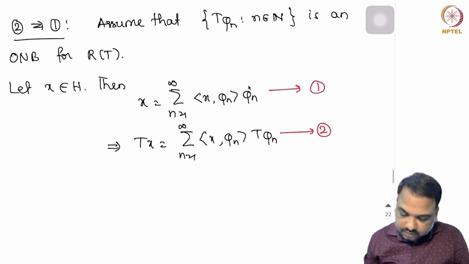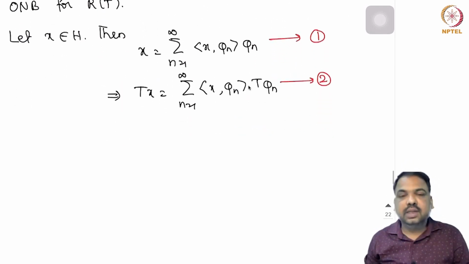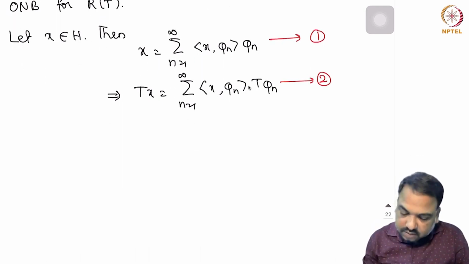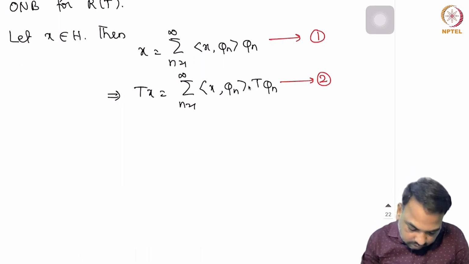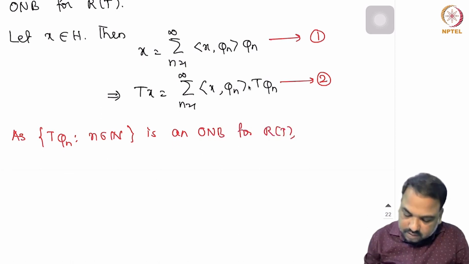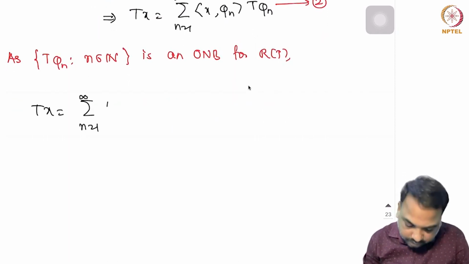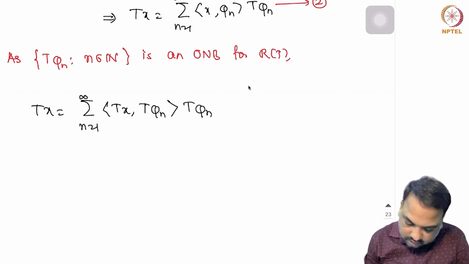Now we know that T phi n is an orthonormal basis for range of T, and Tx is an element of range of T. So, as T phi n is an ONB, we can say that Tx can be written as summation n equal to 1 to infinity inner product Tx, T phi n multiplied by T phi n.